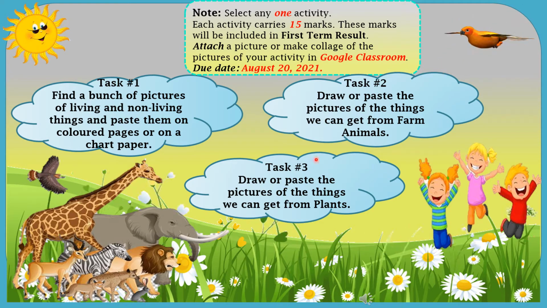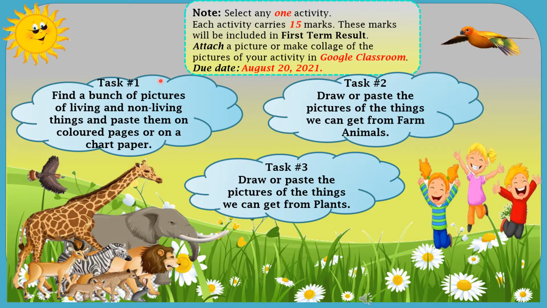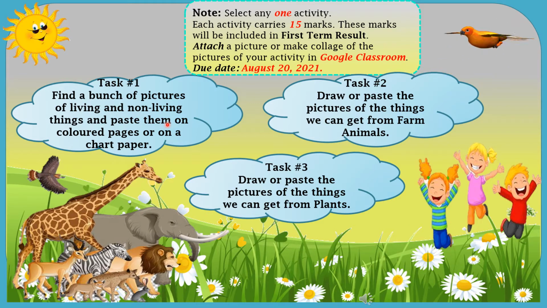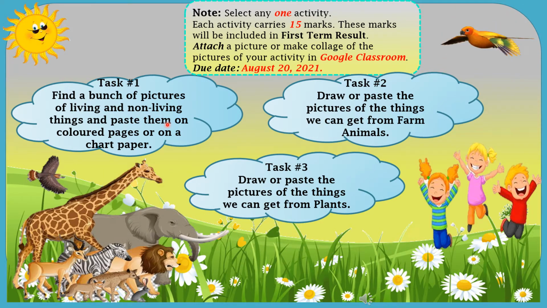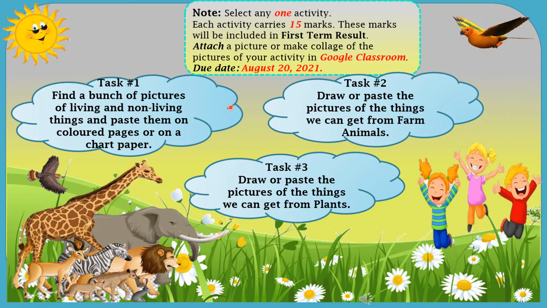So your first activity or task is, you have to find a bunch of pictures of living things and non-living things and paste them on colorful pages or on a chart paper. Okay, and the other way of doing this task is you can draw the pictures.